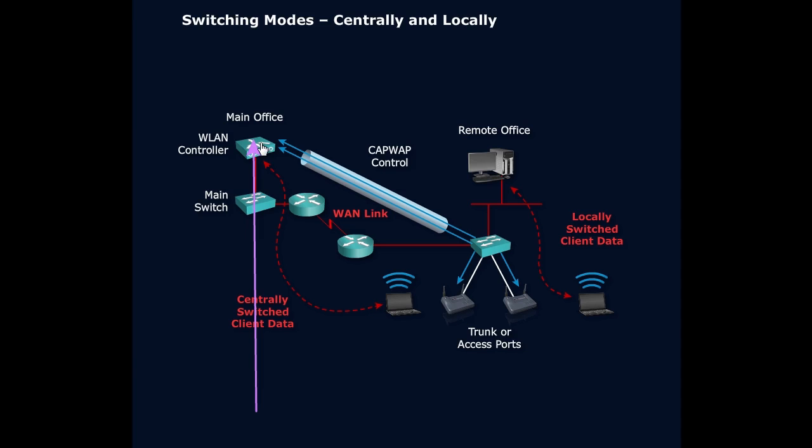Once we reach that wireless LAN controller, it makes all the decisions. It decides what wireless LAN is attached to what VLAN, and what VLAN determines how we're going to be routed. We're not routed here. We are routed from this point forward.